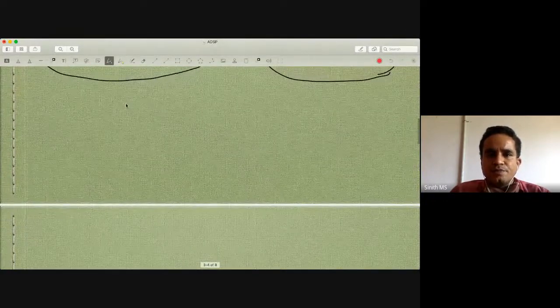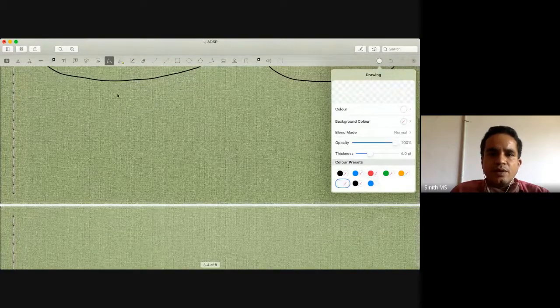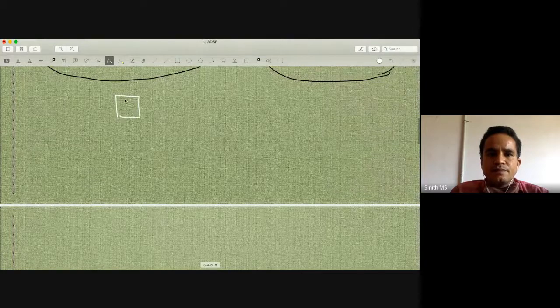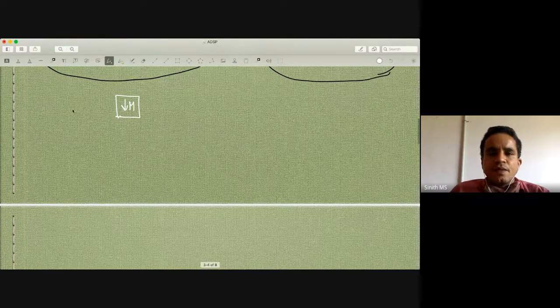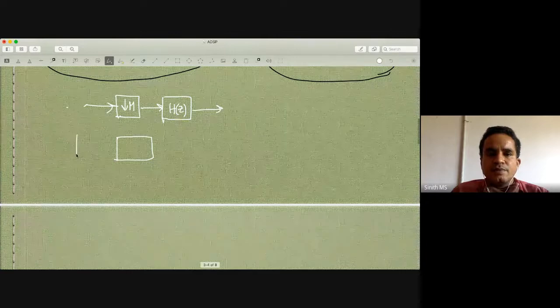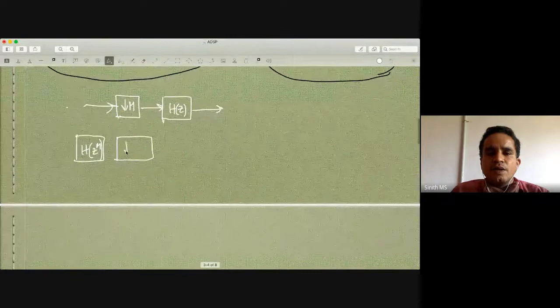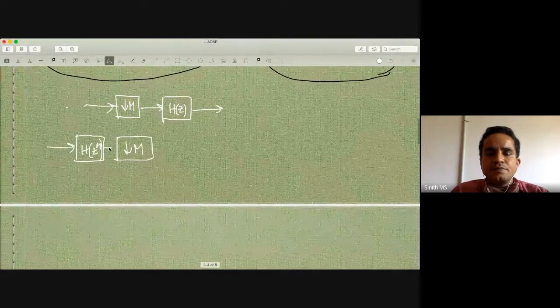Or if you have a downsampler, just remember this. You have a downsampler somewhere by factor of M, and if you have a filter afterwards, H(z), you can take this to this side by just changing z as z raised to M. So you can put H(z^M) followed by downsampler.